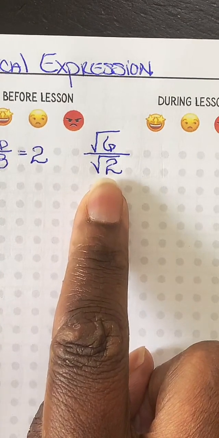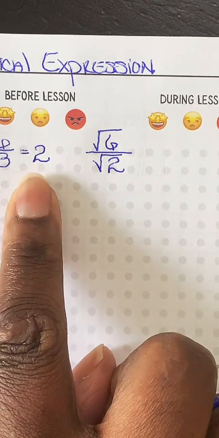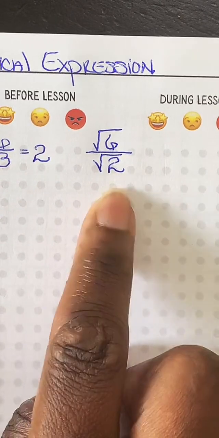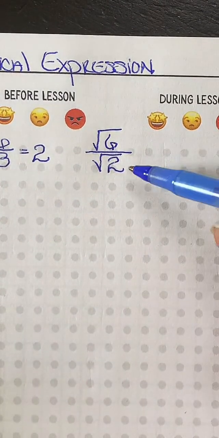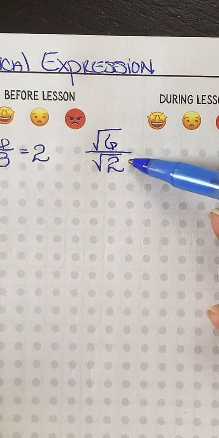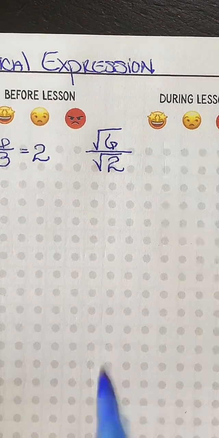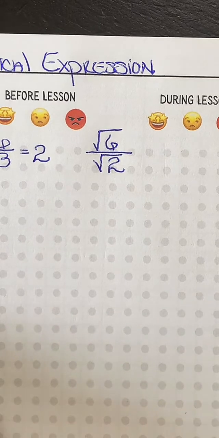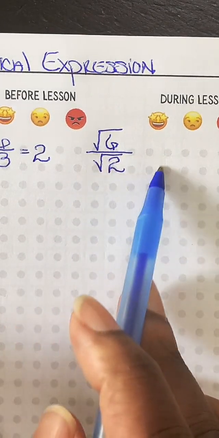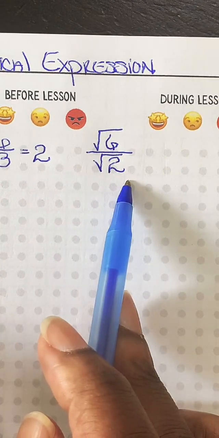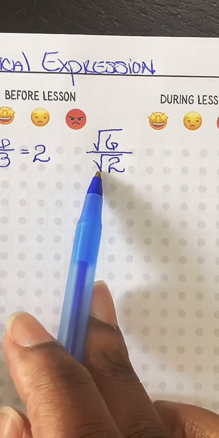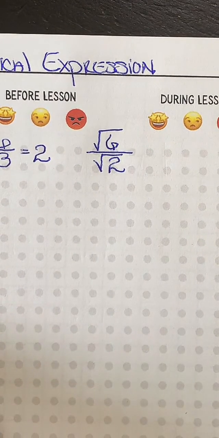This is not equal to, say, 3. That's not possible, okay? But we can't have a square root in the denominator. So what we do is we try to create a perfect square root in this denominator in order for that radical to cancel out.